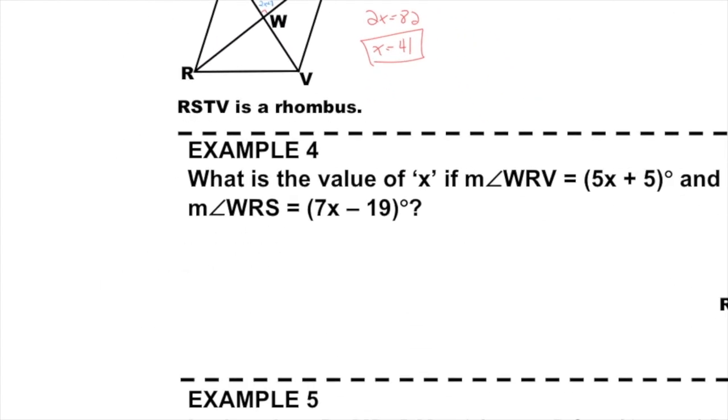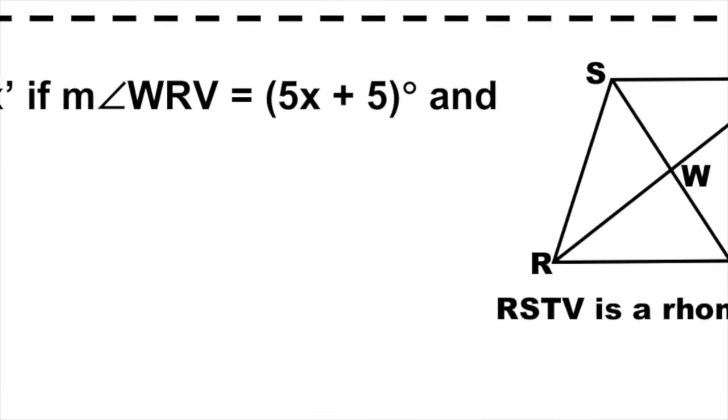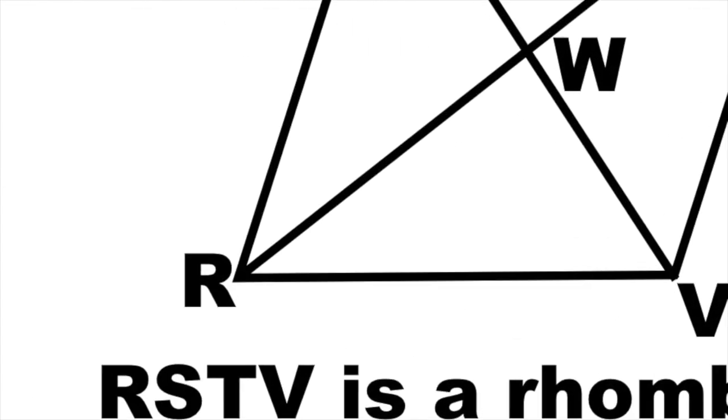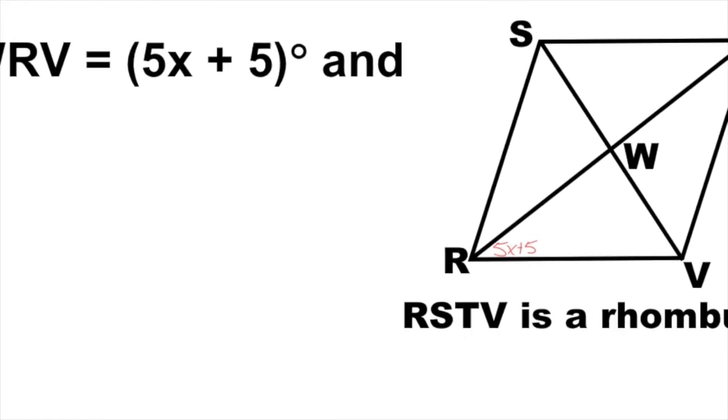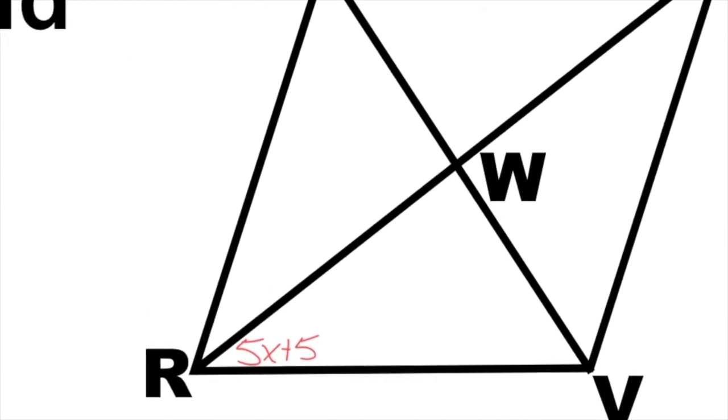Let's look at this next one. This is a pretty easy one too. It says find x if the measure of WRV is 5x plus 5. And again, knowing what angle they're talking about is important. You may not see what the answer would be. It also tells us WRS is 7x minus 19.